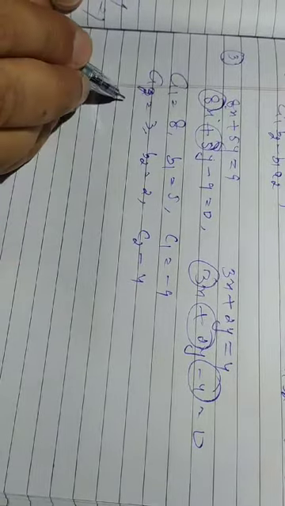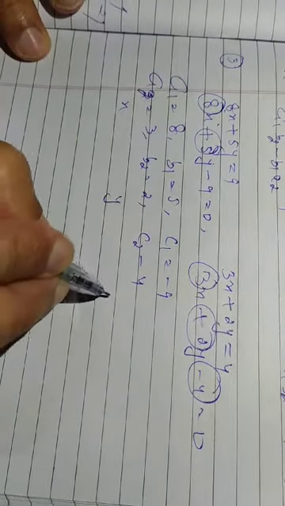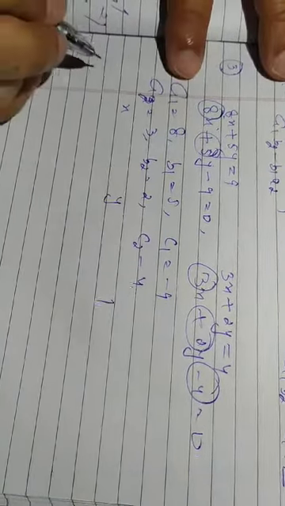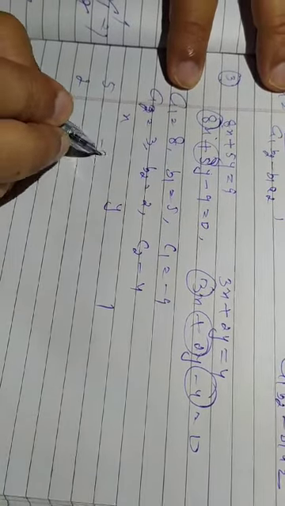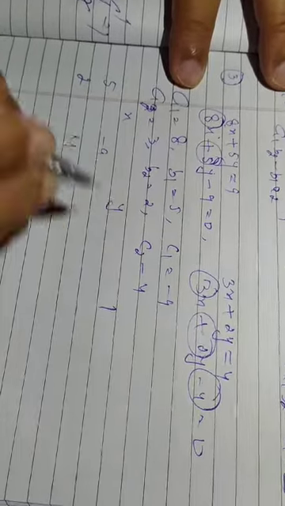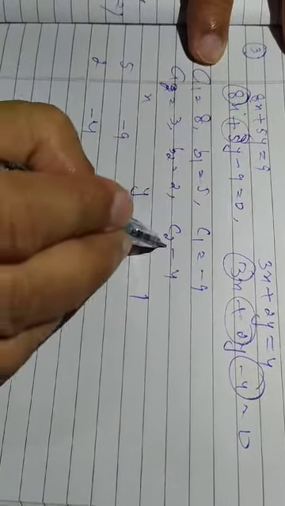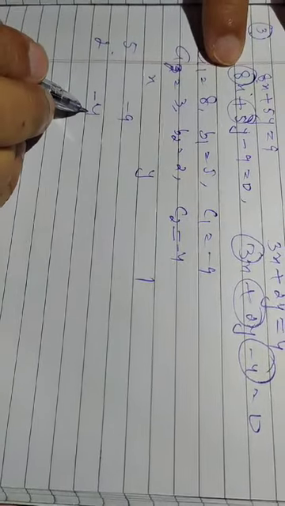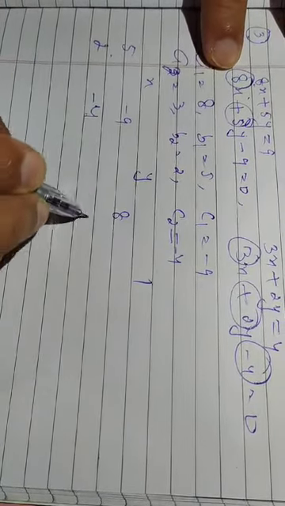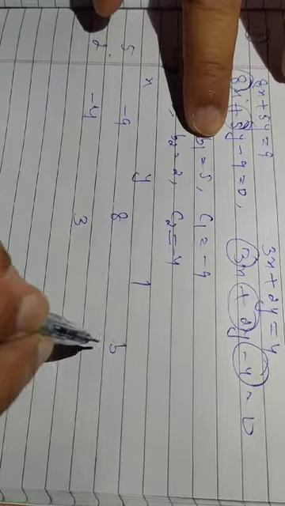Using cross multiplication, x, y, 1, starting from b1 b2, 5 2, c1 c2, minus 9 minus 4, then a1 a2, 8 3, and b1 b2.